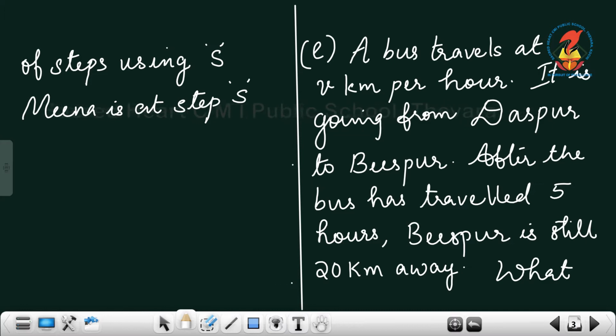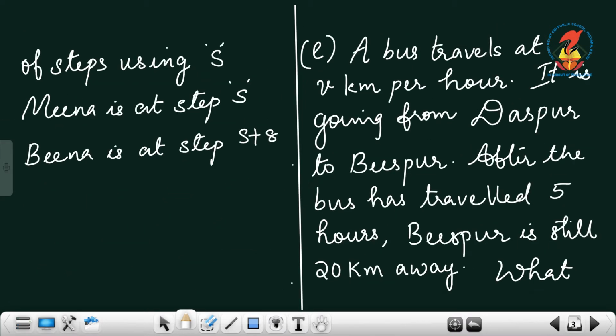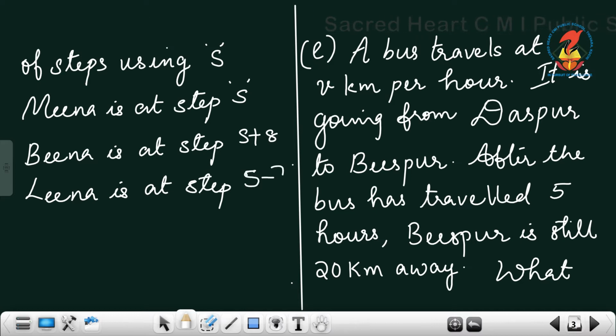So 8 steps ahead means Beena is at step S plus 8. And Leena is 7 steps behind. Leena is at step 7 steps behind, S minus 7.